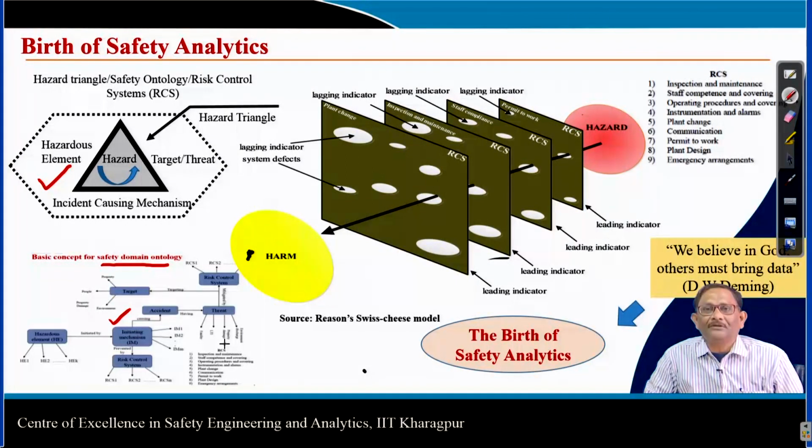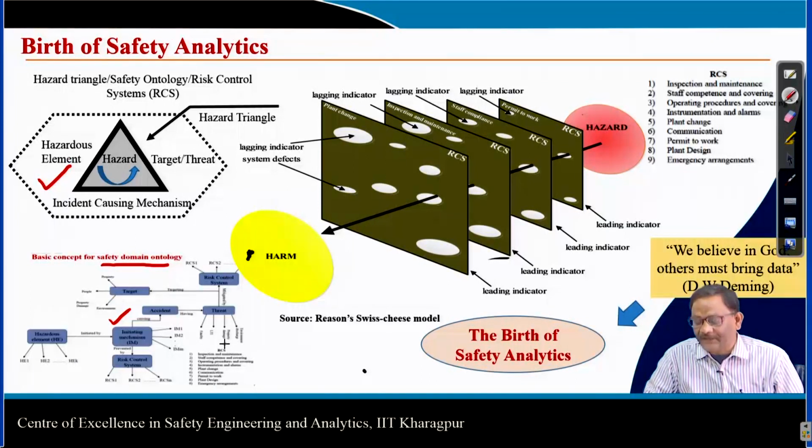That means prevention of incidents. You also don't want, even if an incident occurs, the consequence to be anything but minimal. So mitigation is also an important part. Prevention of incident or accident and mitigation of the effect are the important aspects of safety engineering.